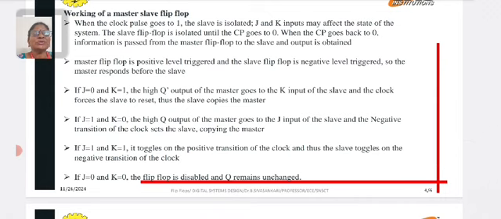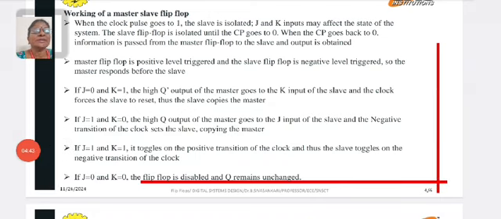If J is equal to 1 and K is equal to 1, the master toggles on the positive transition of the clock and thus the slave toggles on the negative transition of the clock. If J and K are equal to 0, the flip-flop is disabled and Q remains unchanged.